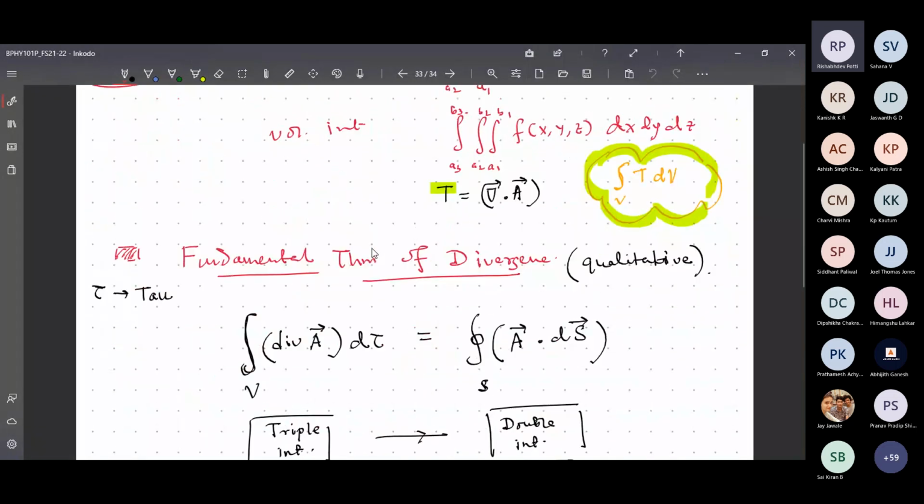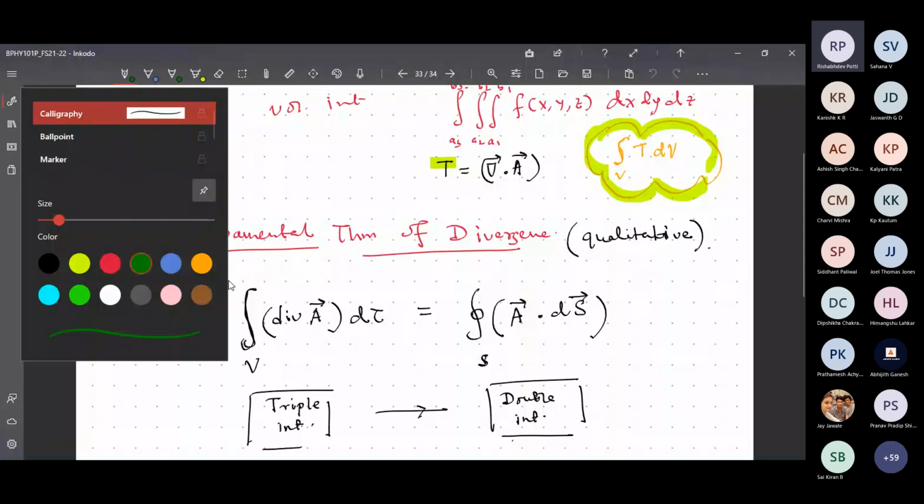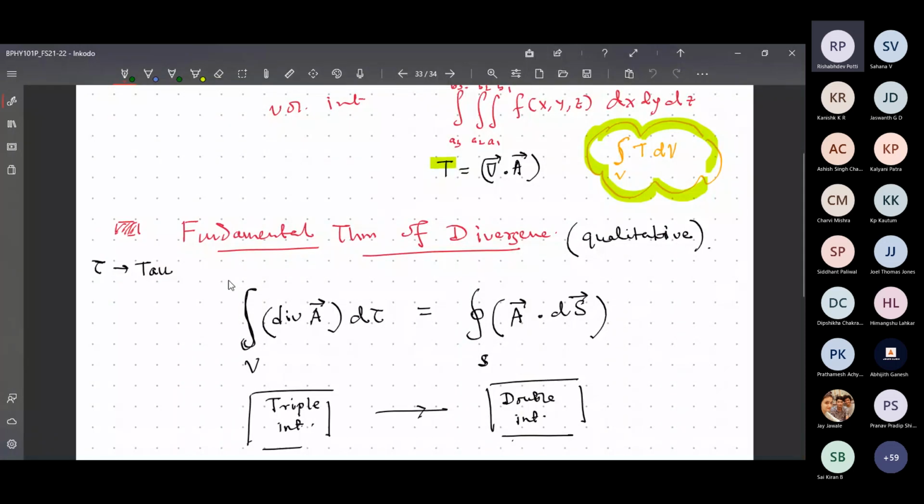This theorem is known as, and this is one important thing you should know. Let me write it down very boldly. This has been done by Gauss. Gauss's theorem.